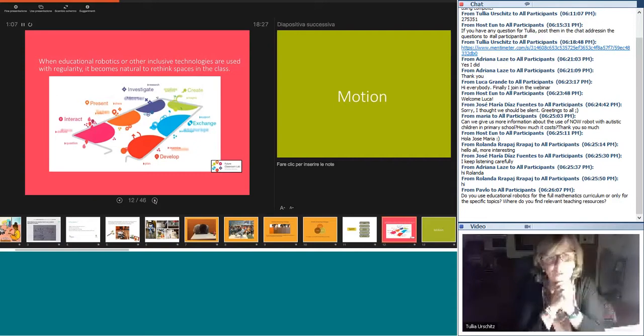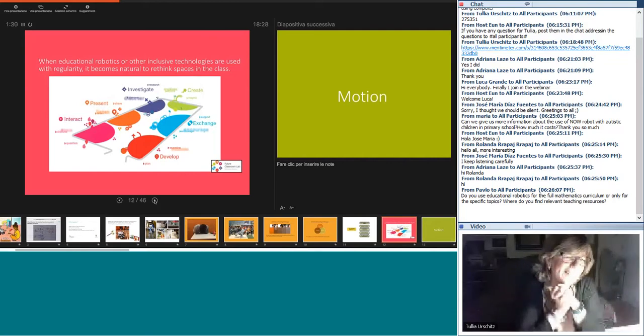Of course, working with robots also means changing the setup of our classes. This is an example from the Future Classroom Lab in Brussels. We have to rethink spaces, but of course, we are not all so lucky to have the nice technology that you have there.